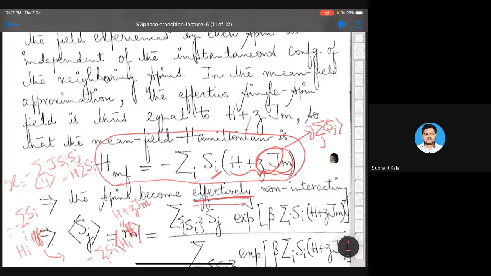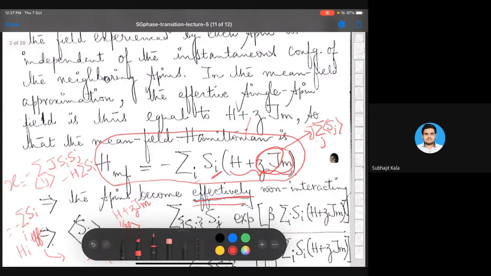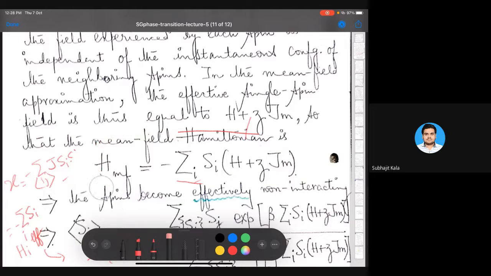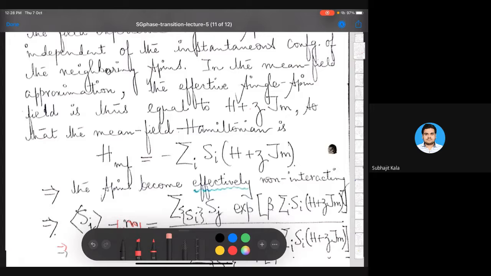Yes. Okay. So now, since the spins are effectively non-interacting, I know how to solve for the average magnetization of the ith spin using this Hamiltonian. So let me just do it. Let me get rid of this and solve this one.